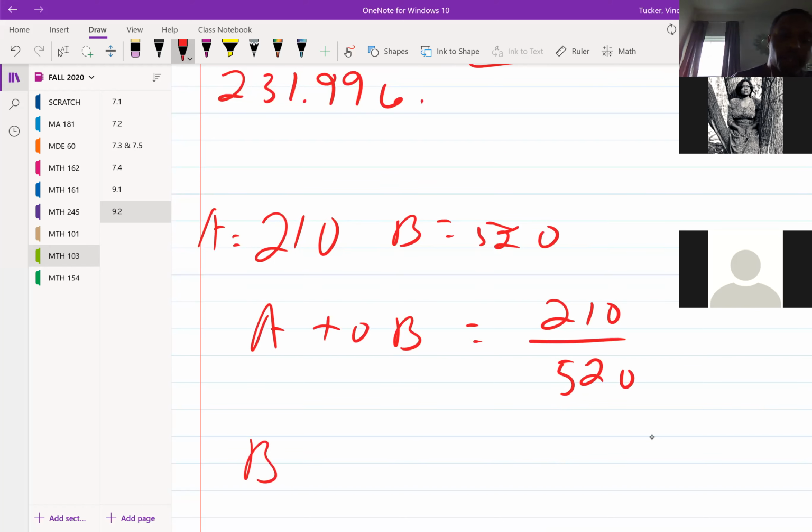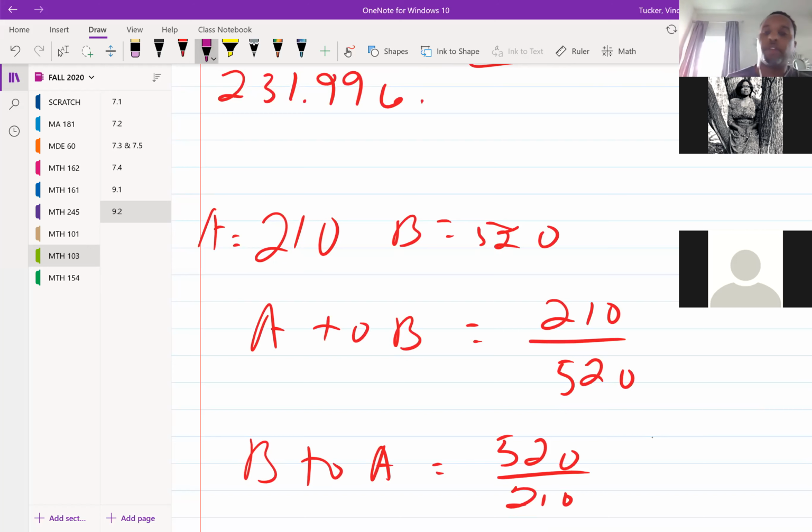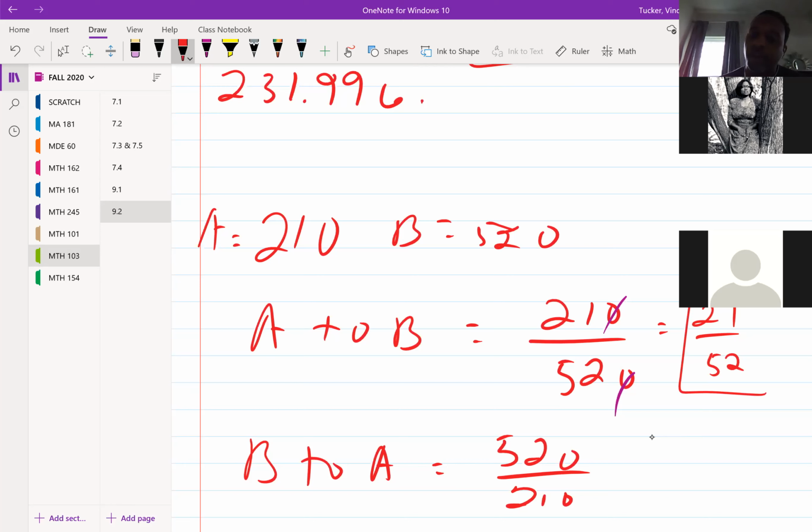And then I think they ask you for B to A. That means you flip it and write 520 over 210. But they want you to reduce it, so these zeros in the back will cancel, leaving you with 21 over 52. Is there anything in common with these two? Does it look like it goes into, no, so that should be a more simplified fraction. Here, that'll be 52 over 21.